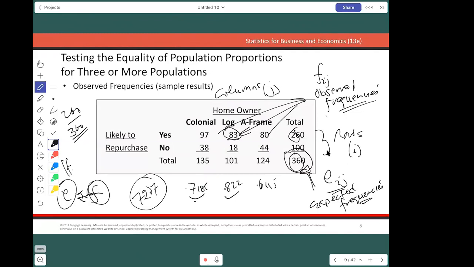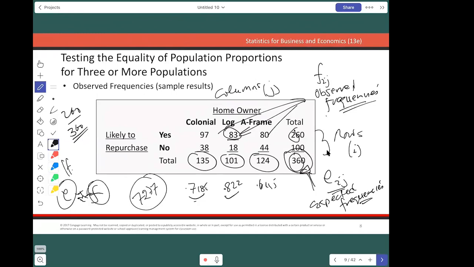So we need a systematic way of testing the difference between those two. But I want you to get a sense of how we calculate what is expected. The likelihood of repurchase based on grouping everybody together is 72%, which is 260 over 360. Then I take that 72% and multiply it by the 135, the 101, the 124. What I've done is take the row total divided by the overall total and multiplied it by the column totals.